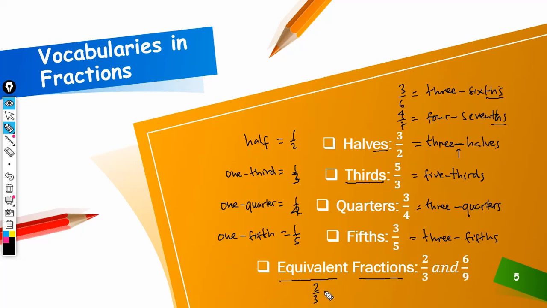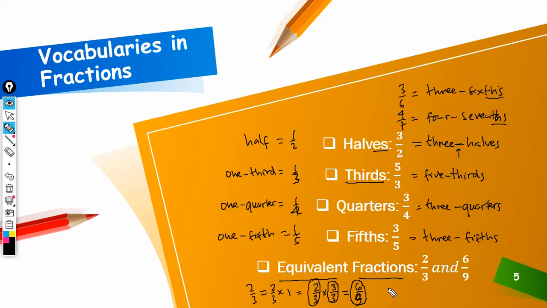Because 2/3, if you multiply this with 3/3, it's equal to 6/9. 3/3 is equal to 1, so it's just the same thing as 2/3 times 1, which is also 2/3.